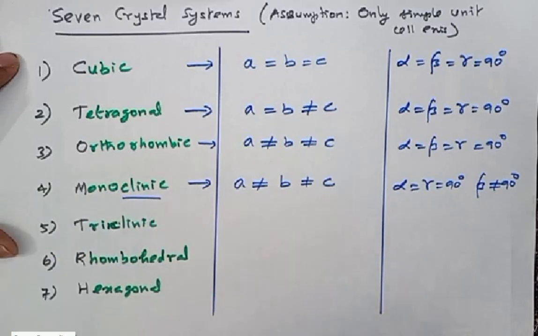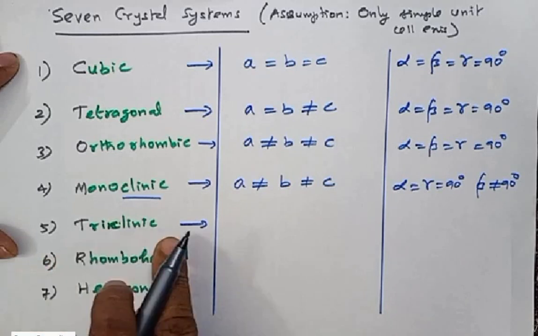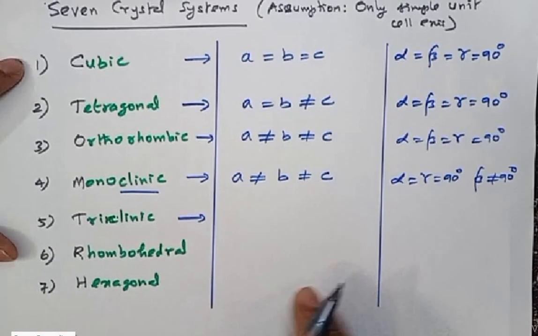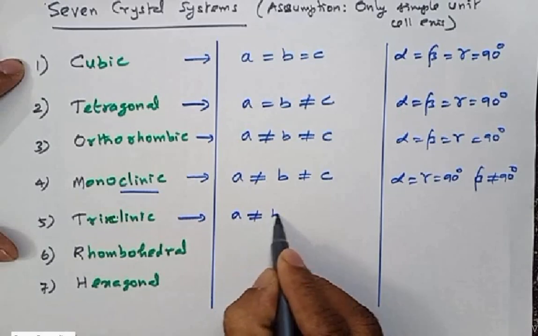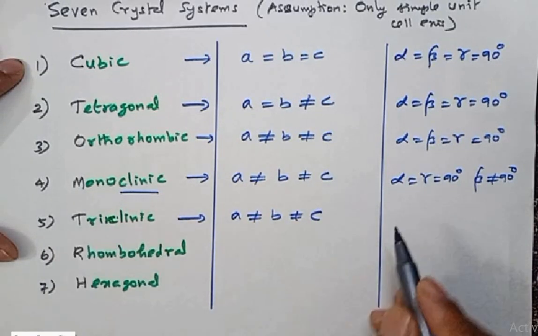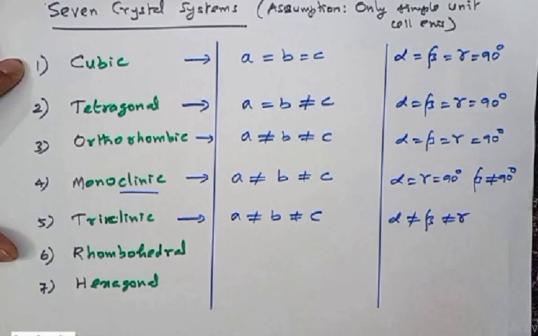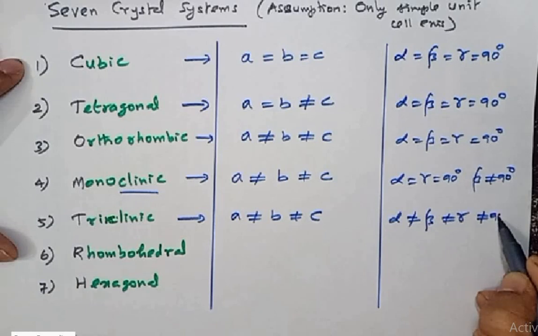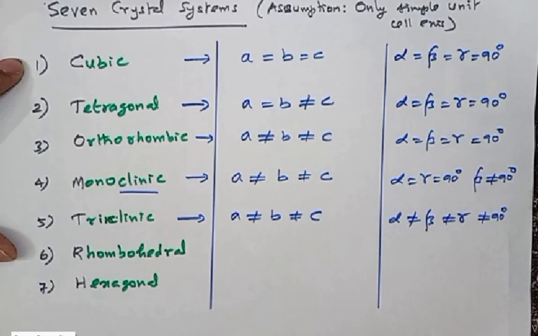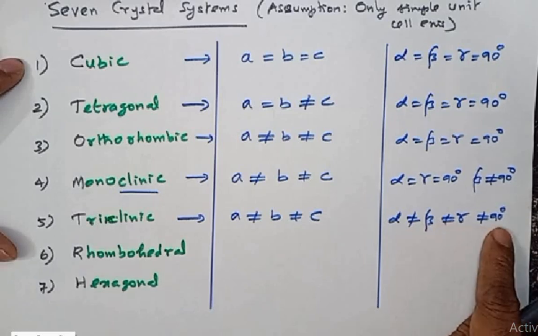Clinic means non-90. Then what is triclinic? Tri means 3. Triclinic means all the 3 angles are non-90. So A not equal to B not equal to C. All the 3 lengths are not equal. And alpha not equal to beta not equal to gamma, and they are also not equal to 90 degrees.